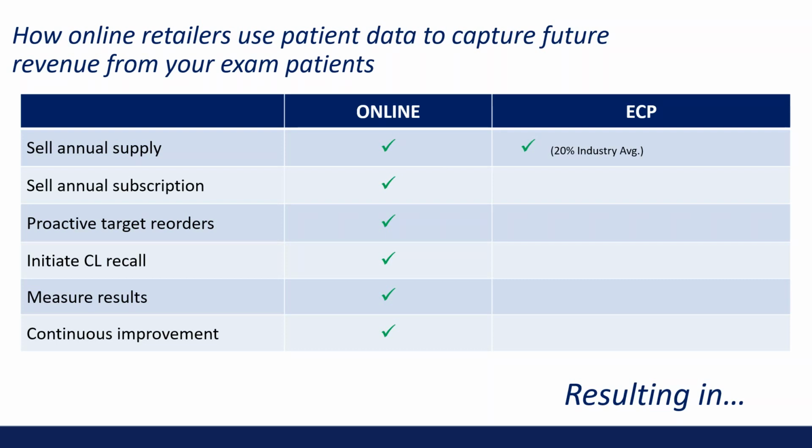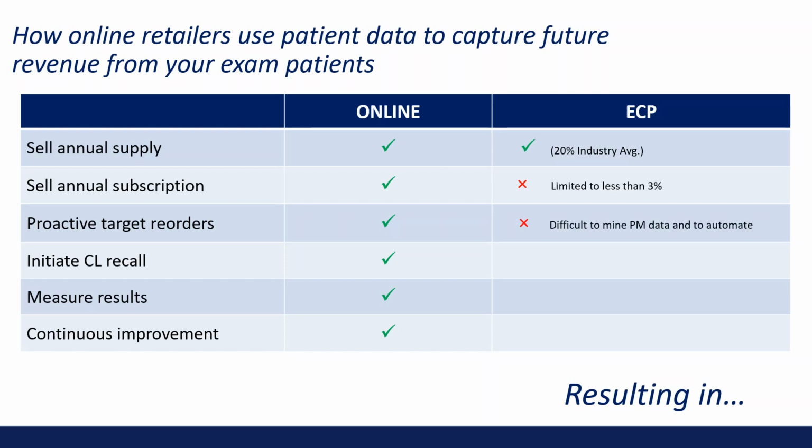As we look down through some of the other bullet points that online is doing, we're going to see that in the ECP world those functionalities and other bullets are not going to be as effective as what the online competition is doing.